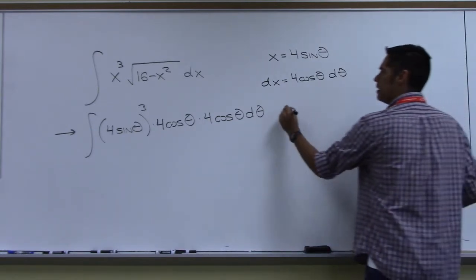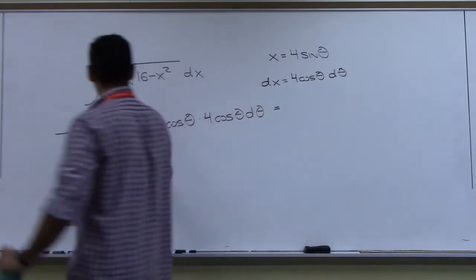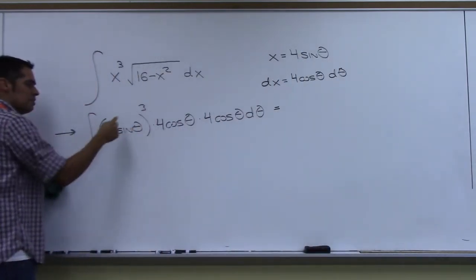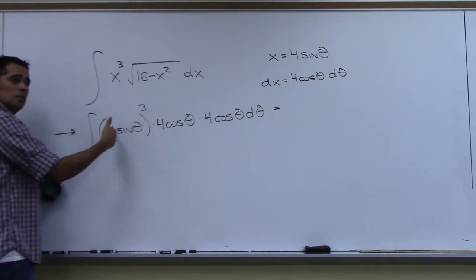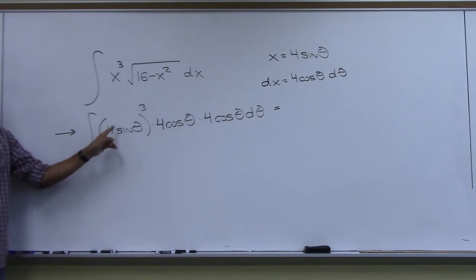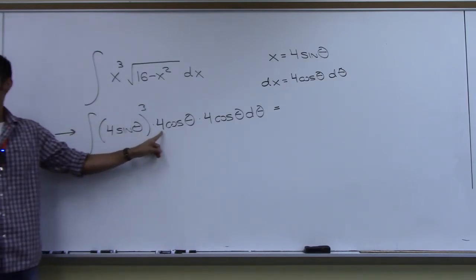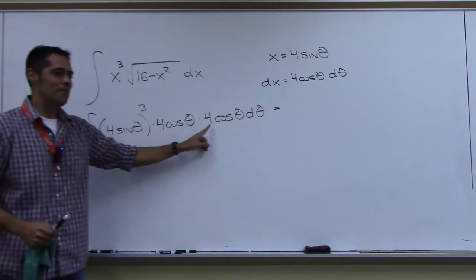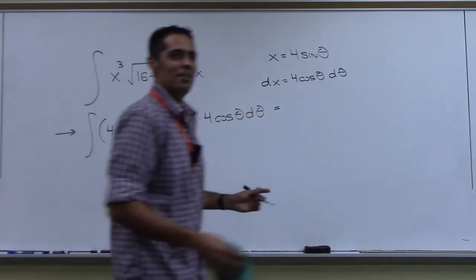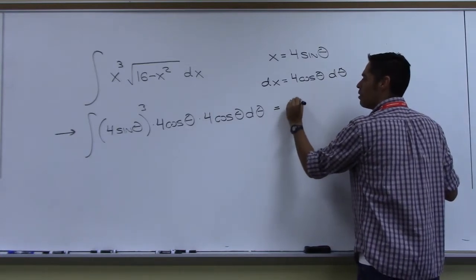We have 4, this 4 is being multiplied times sine, it's being cubed. So doesn't that mean 4 times 4 times 4? Which is 4 times 4 times 4 times 4. Okay, so 64 times 4 times 4. All right, 4 to the 5th power. How about that? You like that? I have 4 to the 5th power, whatever that number is.